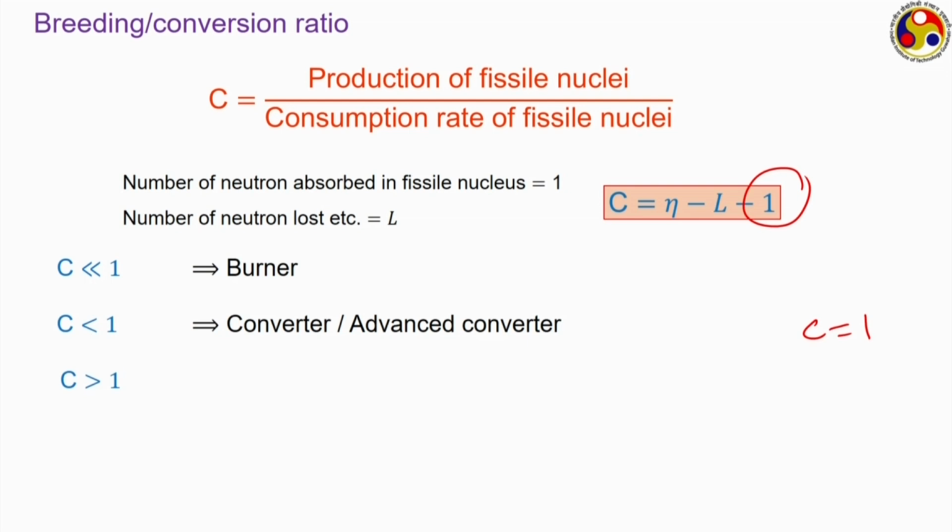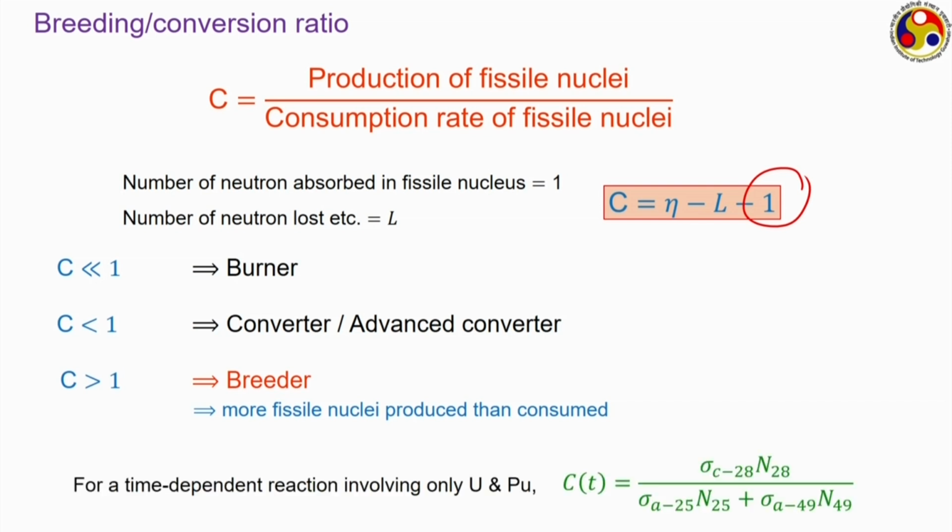C greater than 1 refers to whatever may be the number of nuclei that is getting consumed because of fission, more number of nuclei are getting produced, thereby increasing the total fuel concentration inside the reactor. So, such kind of reactors are called breeder reactors, which produce more fissile nuclei than they consume. So, our topic of discussion here is breeder reactors, and therefore, we would always like to talk about C greater than 1. There are other ways of calculating this C also.